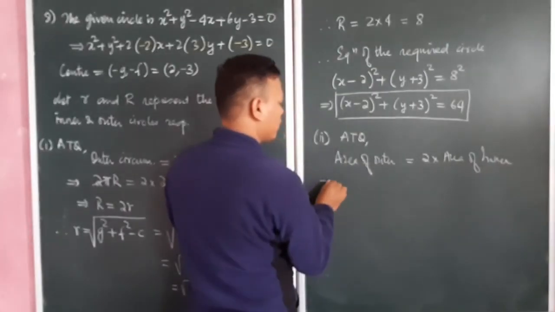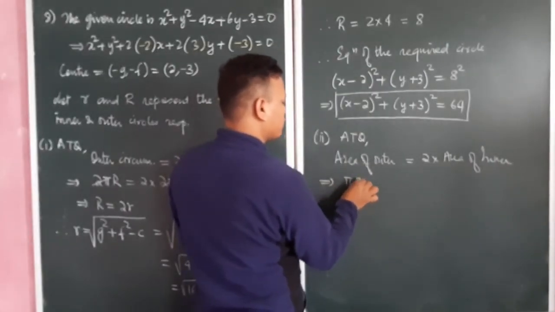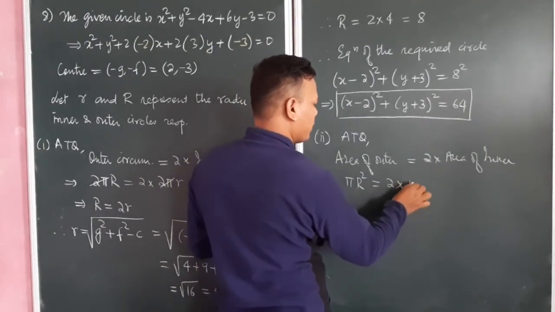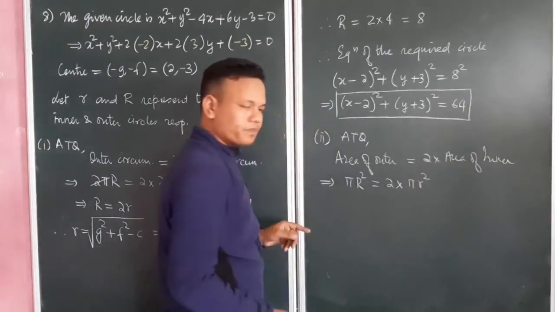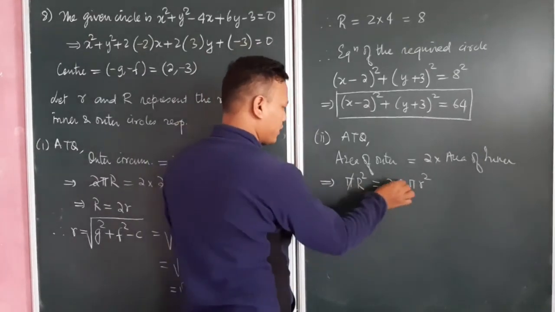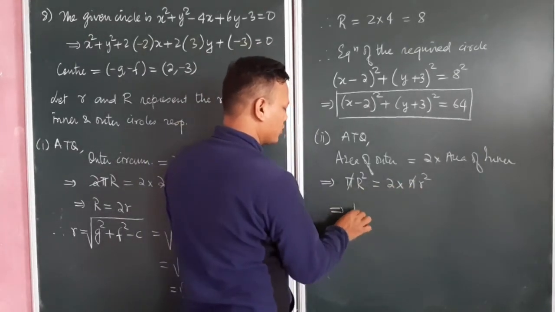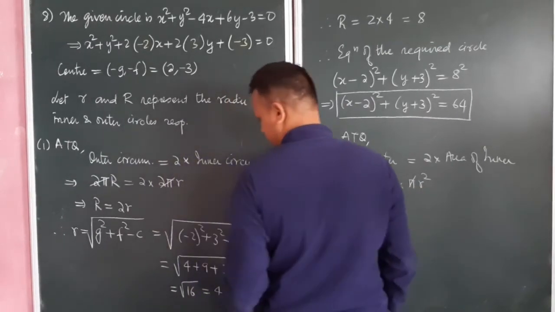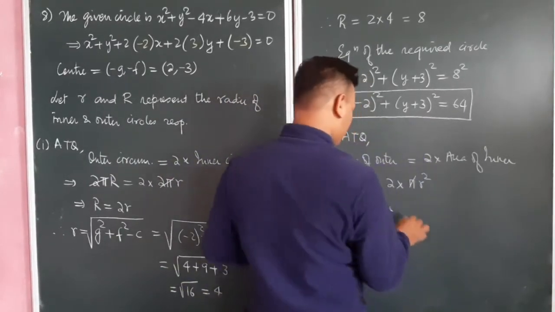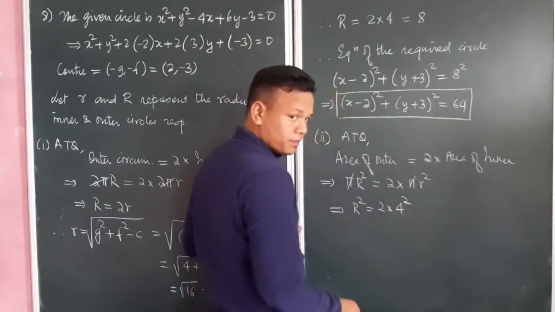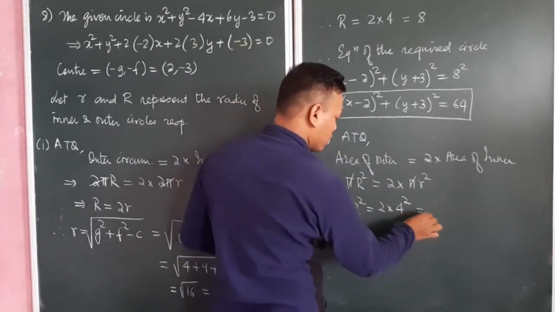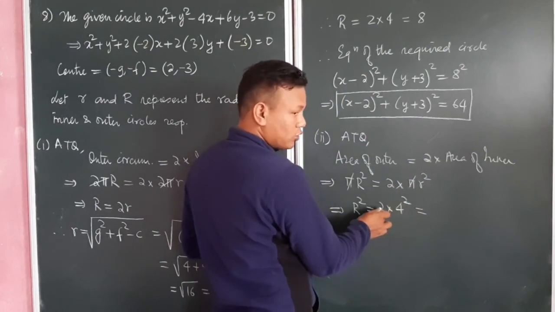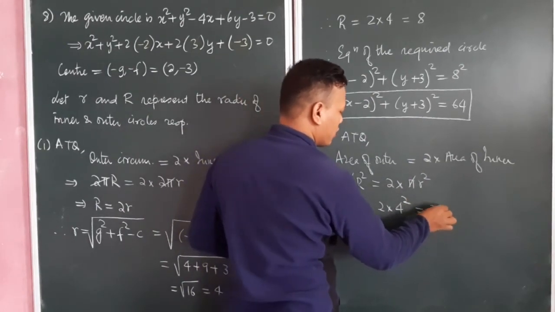The area of the outer is given by pi capital R square, and the area of the inner is given by pi small r square. So pi and pi get cancelled. So from here let's calculate capital R: R square equals 2 into small r square, and small r turned out to be 4, so 4 square is 16, and 16 into 2 is 32.